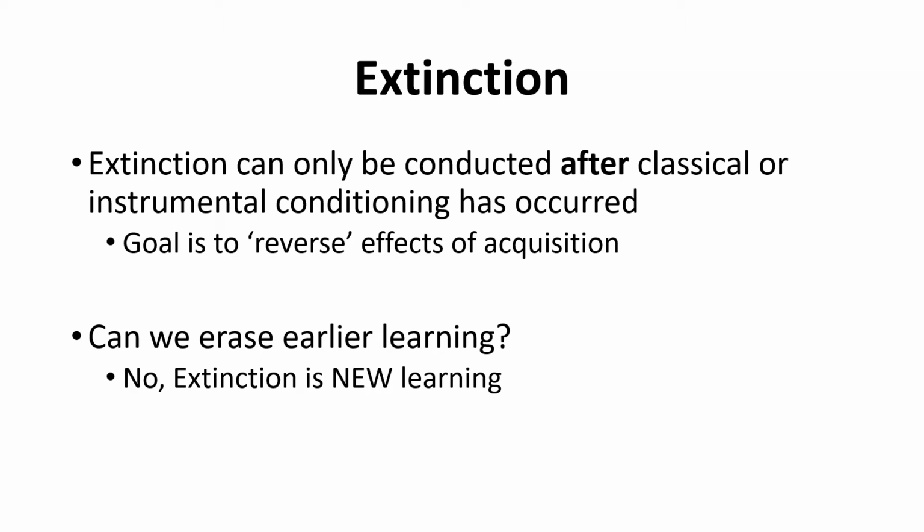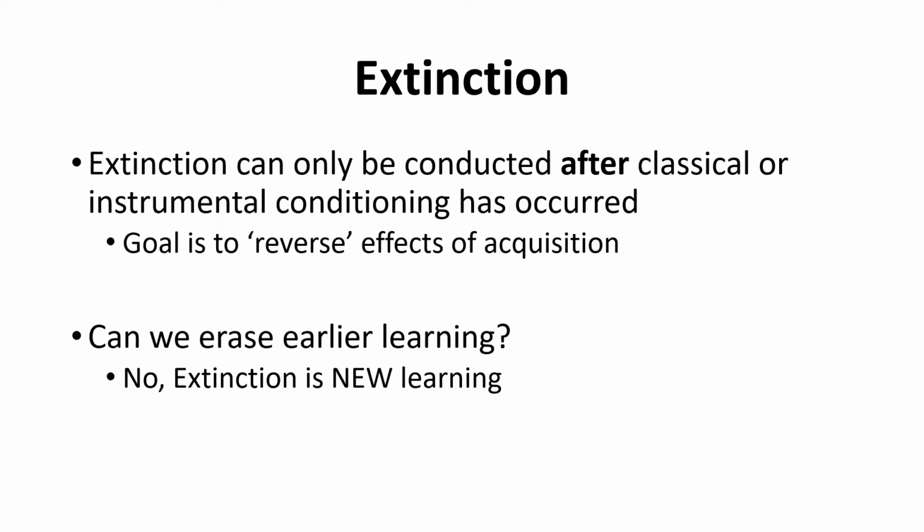Extinction isn't the same thing as acquisition, but in the backwards direction. What we find again and again is that extinction is new learning. We're not erasing the earlier learning, we are learning a new association that sometimes can override previous learning.